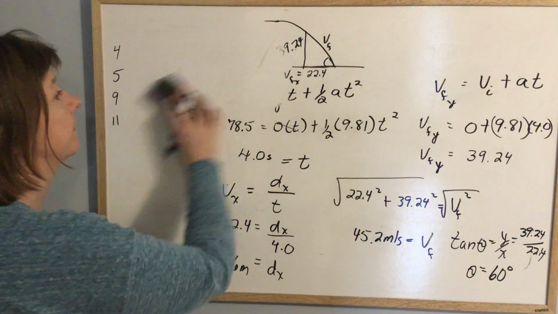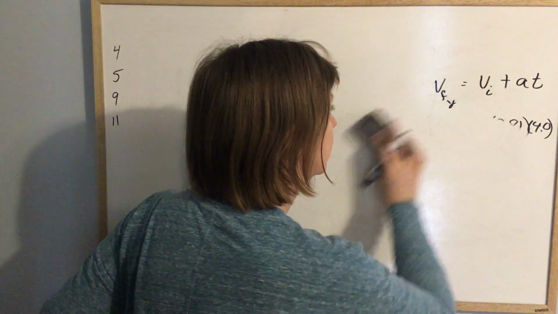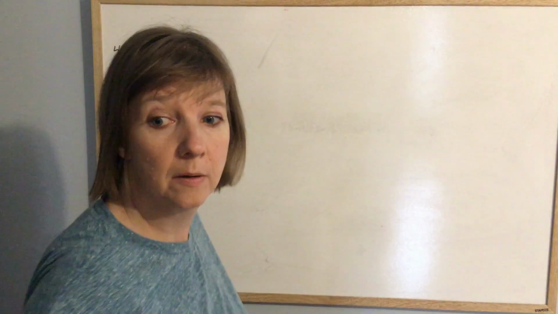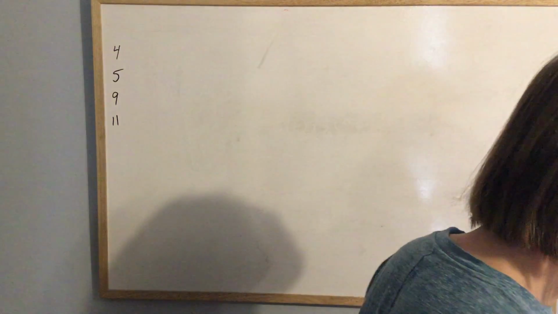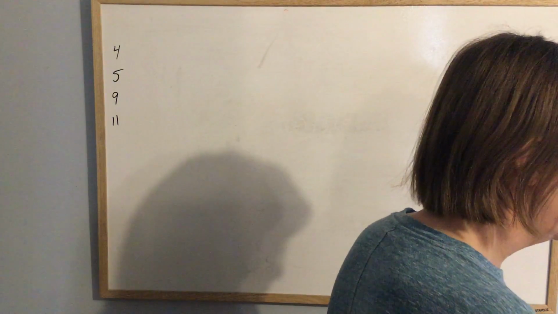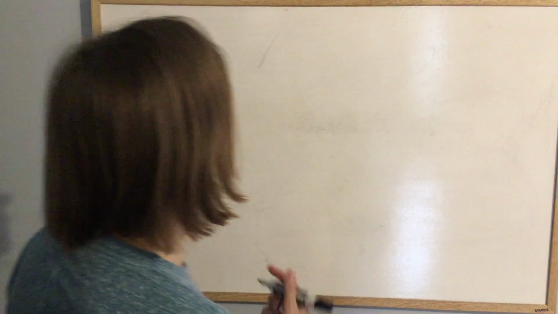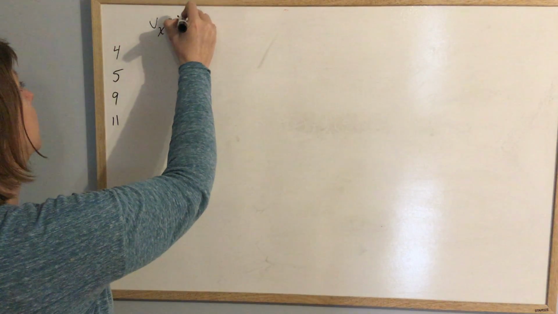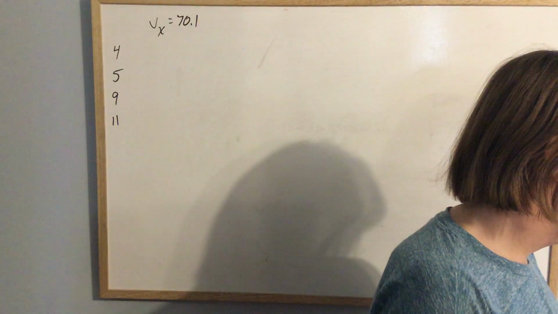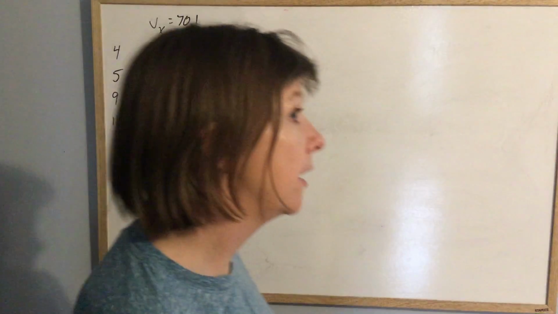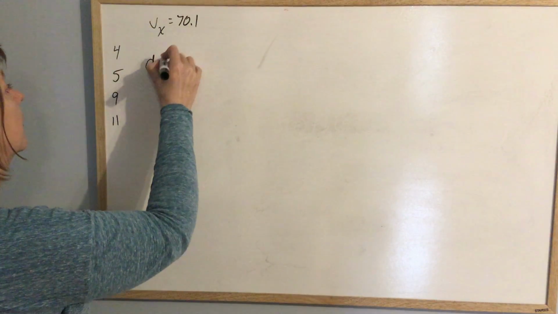Number 4. Number 4 says something, there it is. An archer shoots an arrow towards a target, giving it a horizontal velocity of 70.1 meters per second. If the target is 12.5 meters away from the archer, that's not a vertical distance, that's a horizontal distance.